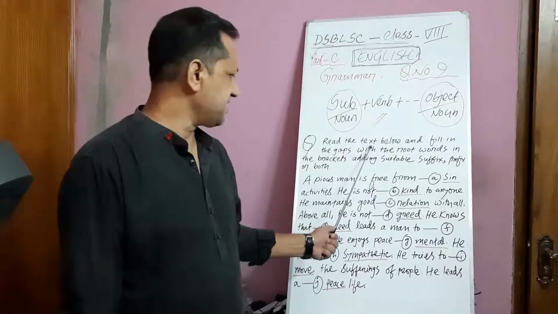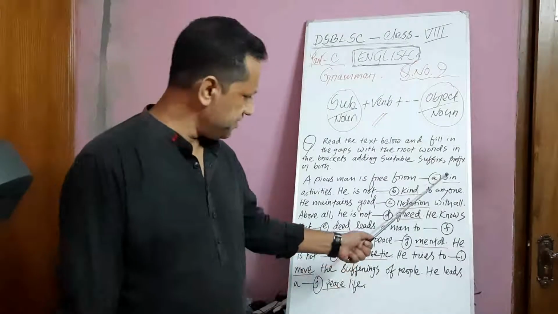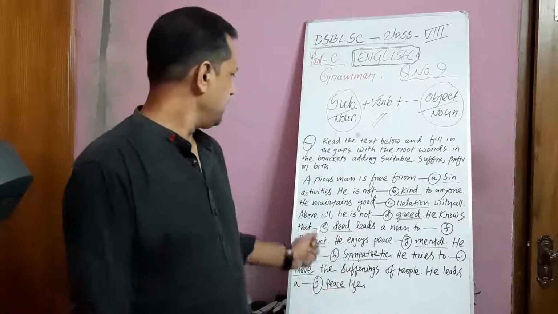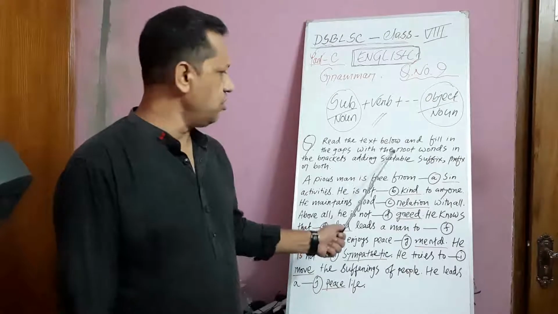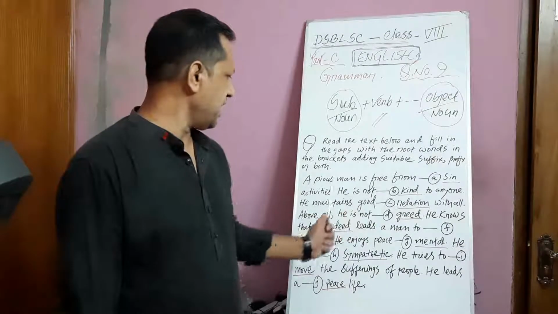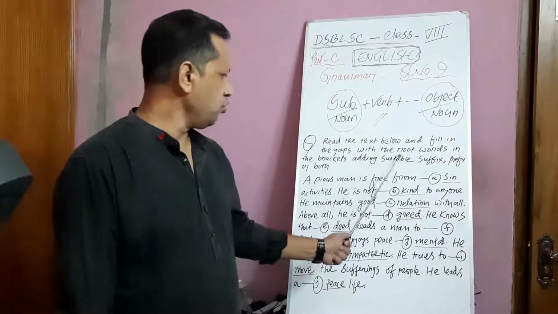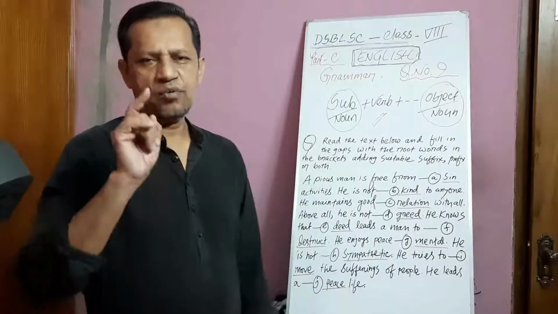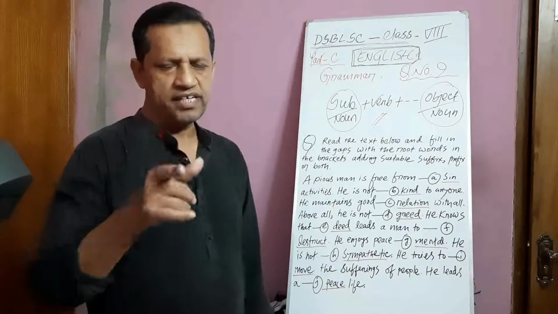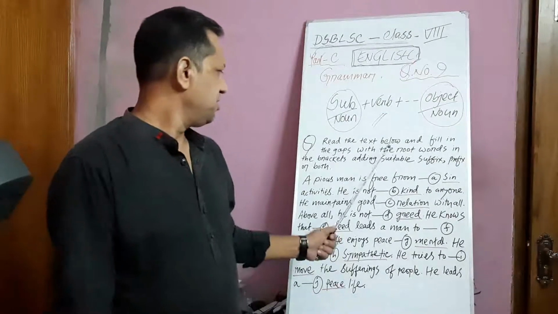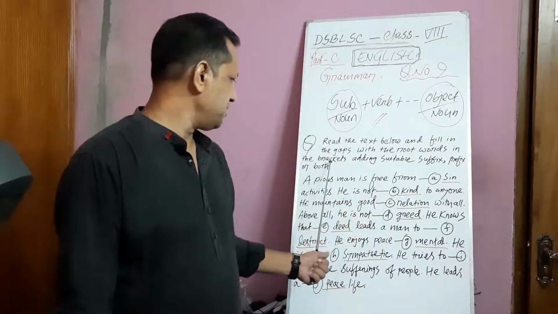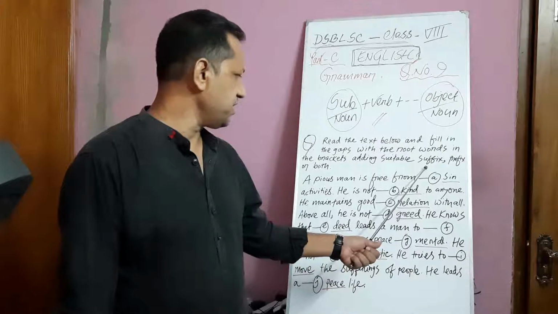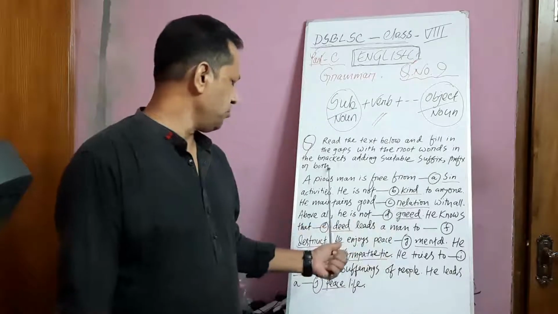Read the text. The text is actually a passage. This is the passage. Read the text below and fill in the gaps with the root words. Here, root words mean the words which are given in the brackets or underlined, adding suitable suffix, prefix or both.